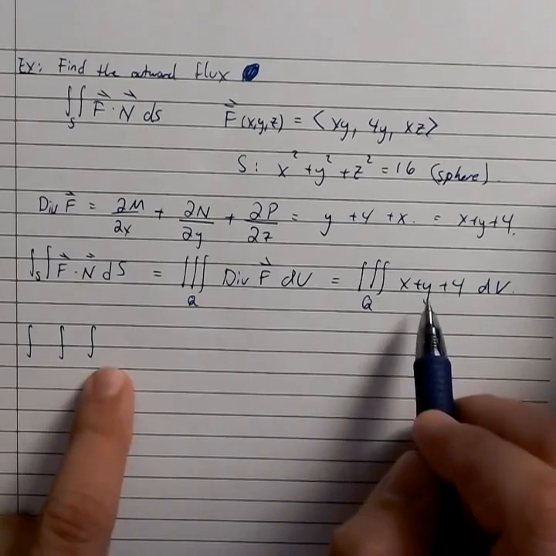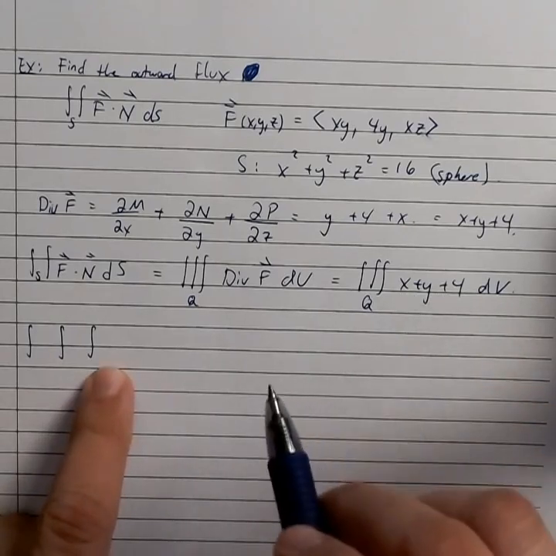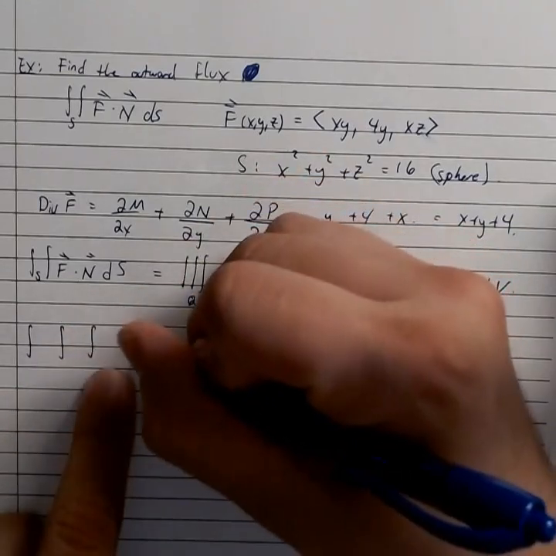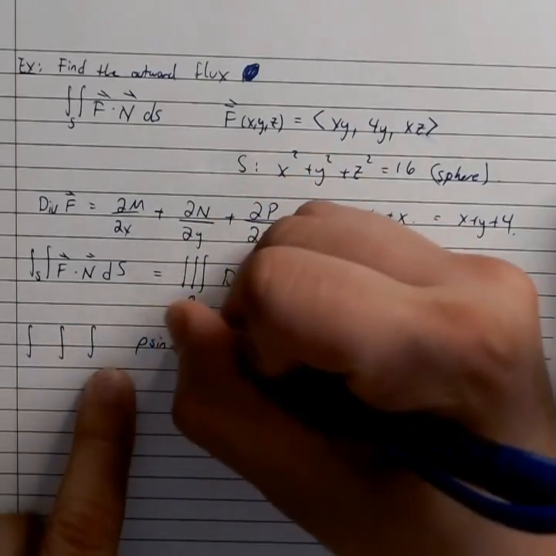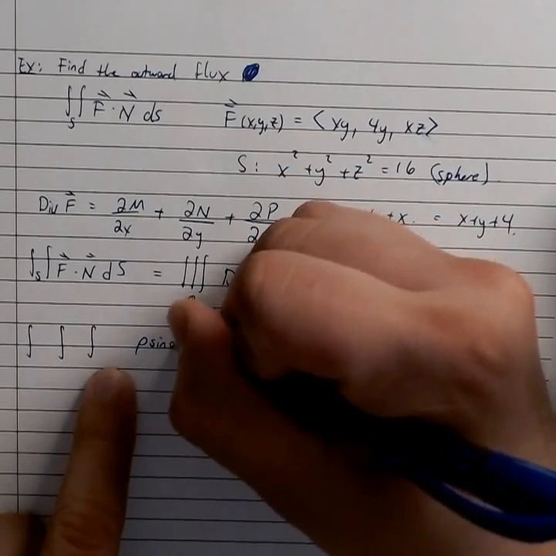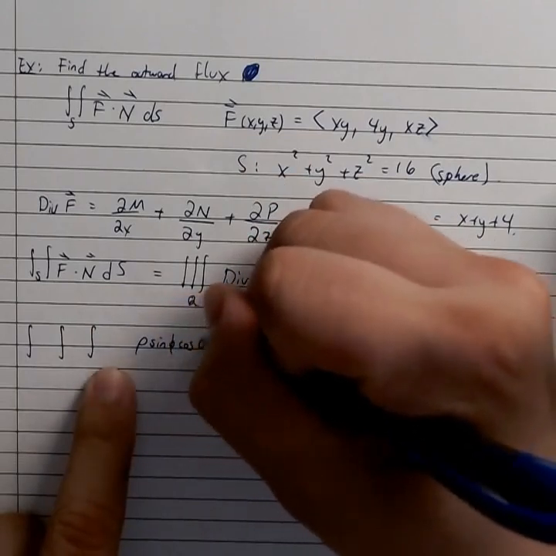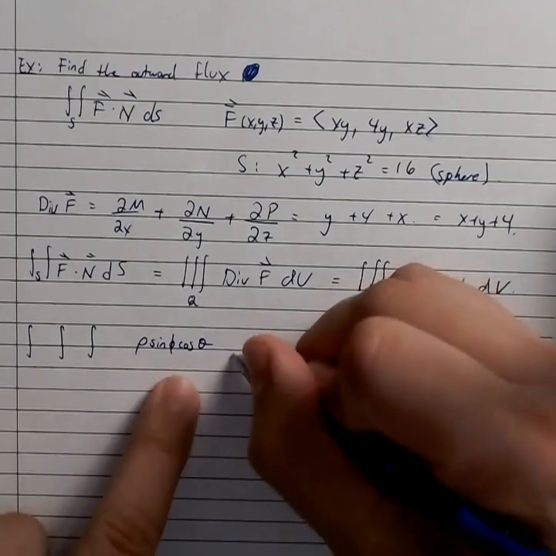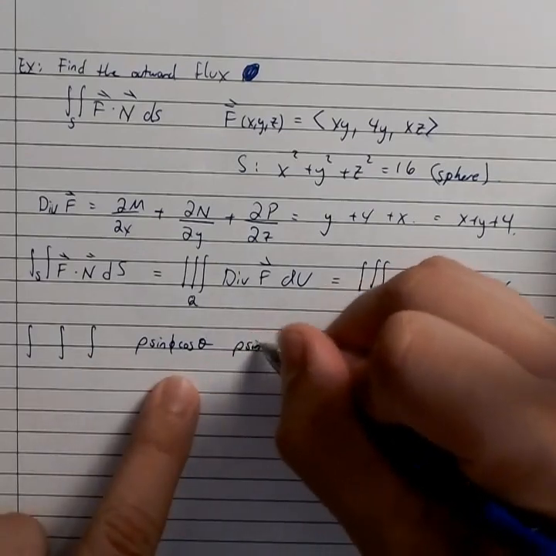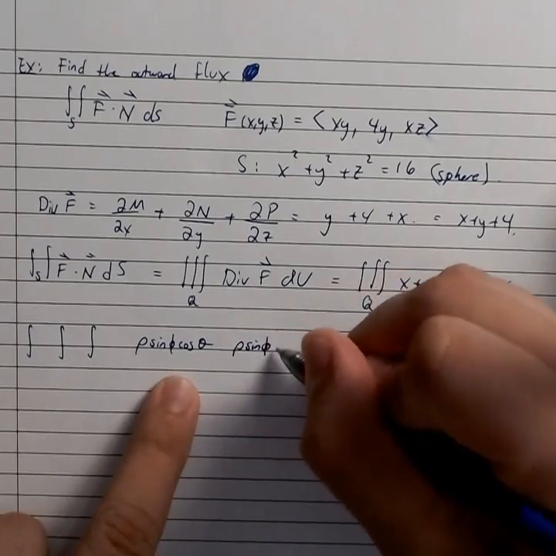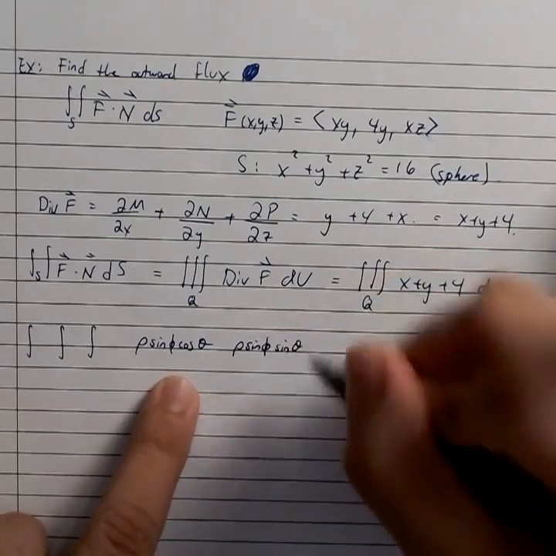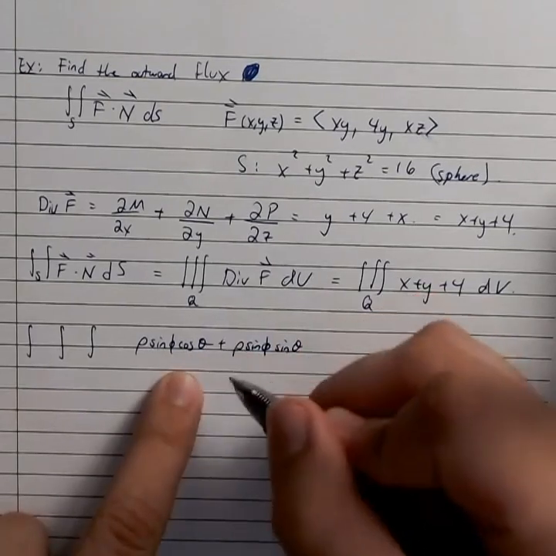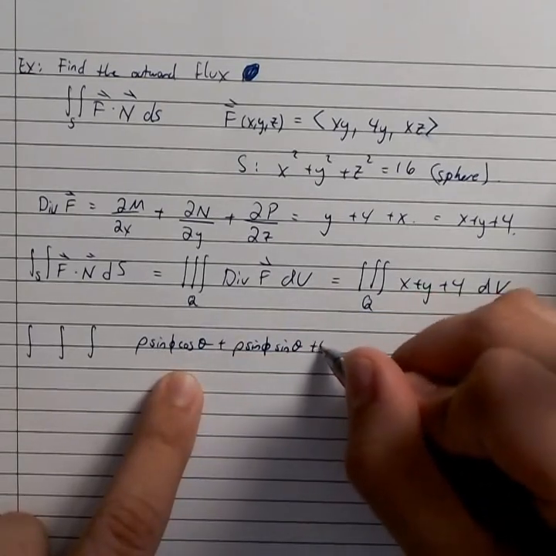Remember, when changing from rectangular to spherical, x is going to change to be rho sine phi cosine theta, y is going to change to be rho sine phi sine theta, and since those are being added, plus a constant 4.